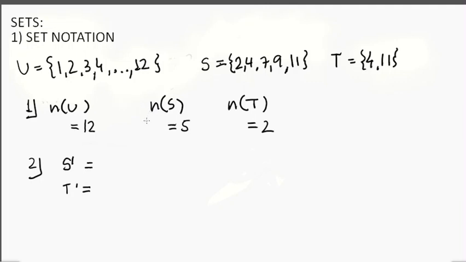So which numbers are in our universe but are not in set S? So I've got 1, I've got 3. So just look at your set S. What you're missing, what you're lacking. So 5, 6, 8, 10, and 12. So let's check.